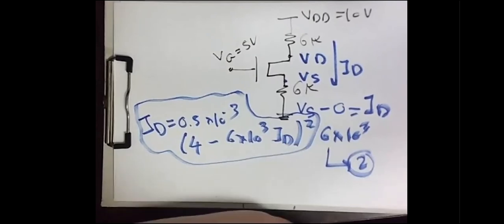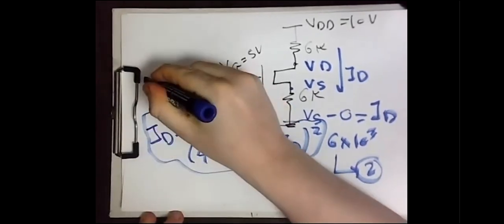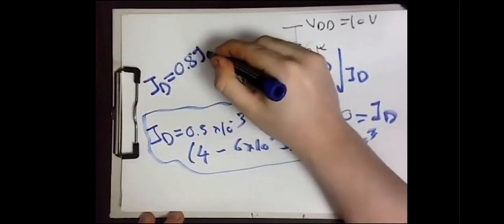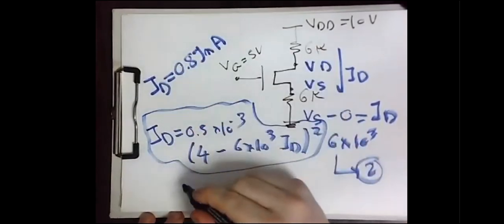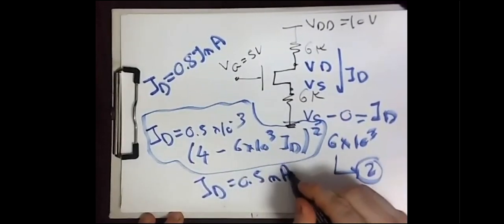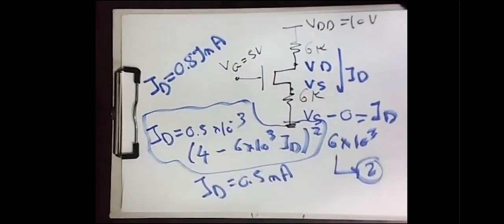So the two values will be ID equal 0.89 milliampere and ID equal 0.5 milliampere. These two values are the output of solving the second order equation.